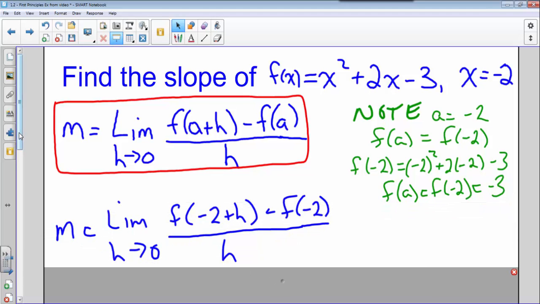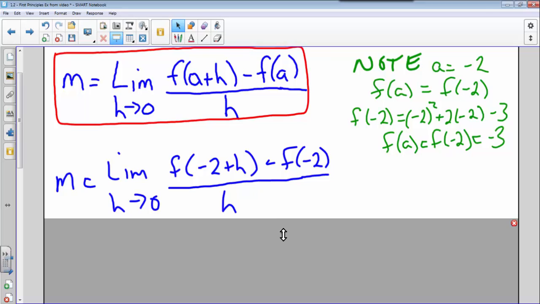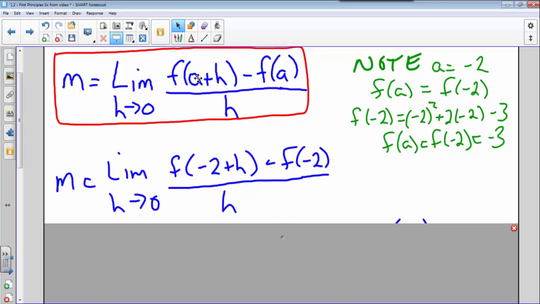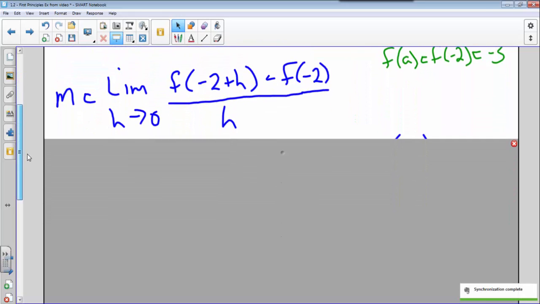So when I go to plug this into the formula, we're asked to put the negative 2 in for a, so it's f at negative 2 plus h minus f at negative 2 divided by h. The limit part of this will only come into play at the very end of the question, so we don't have to worry about it for now. We're now simplifying this.